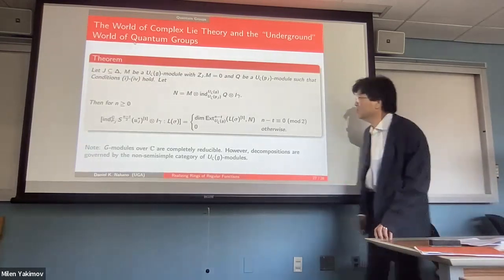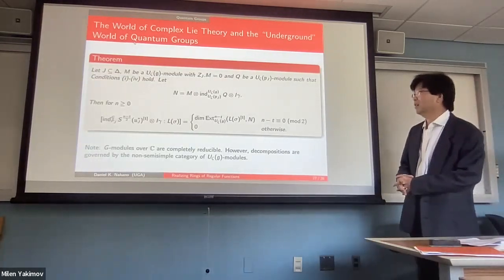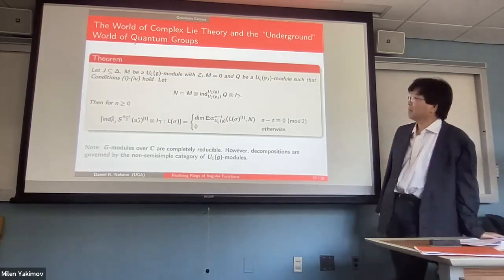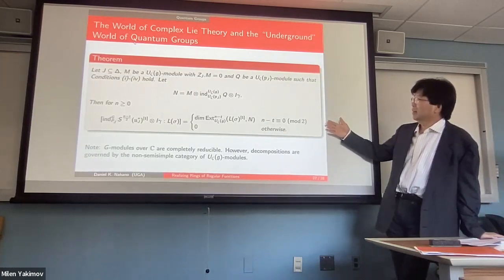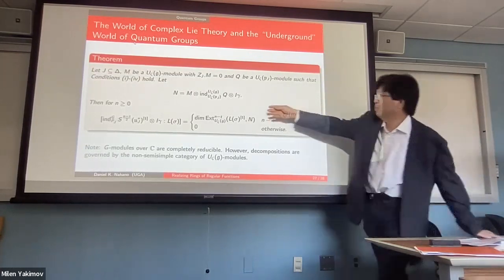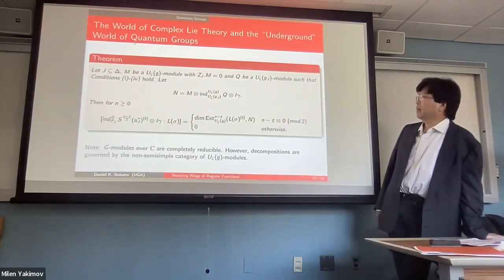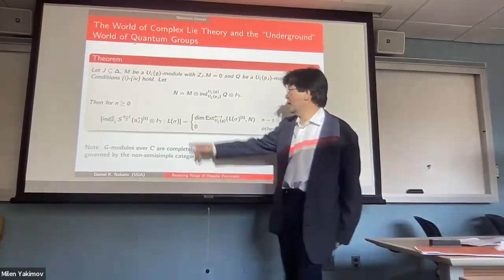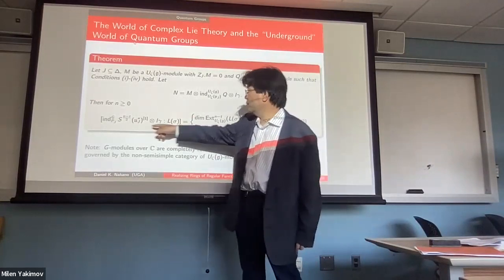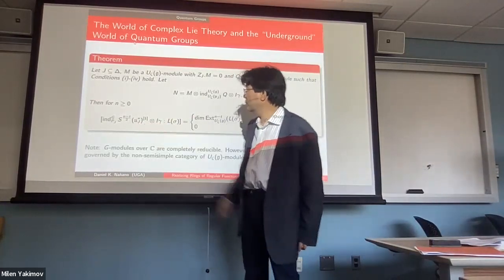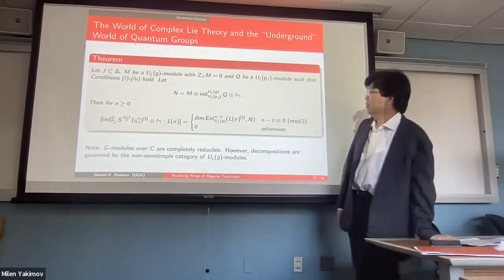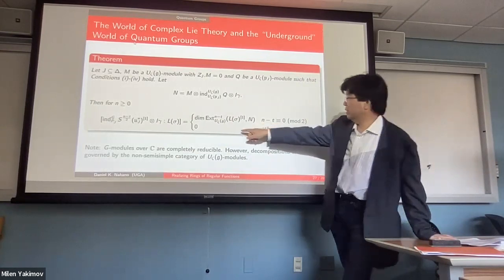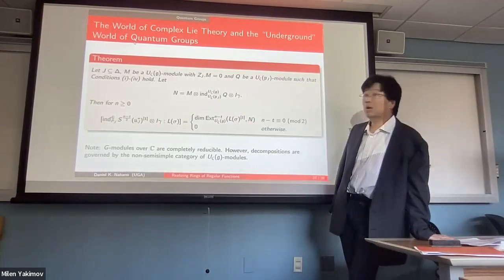All right, so I want to finish off by giving you a general philosophy or principle. When you create this module that I had before in the theorem, and you want to look at the number of times this composition factor appears in this G-module over here, it turns out that you can compute this by computing an Ext in the category of modules for the quantum group.